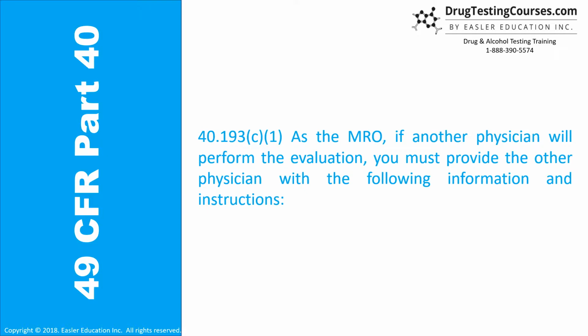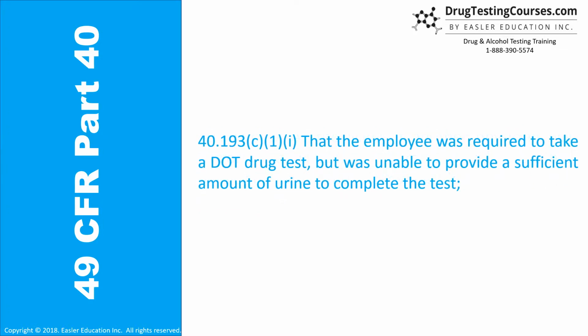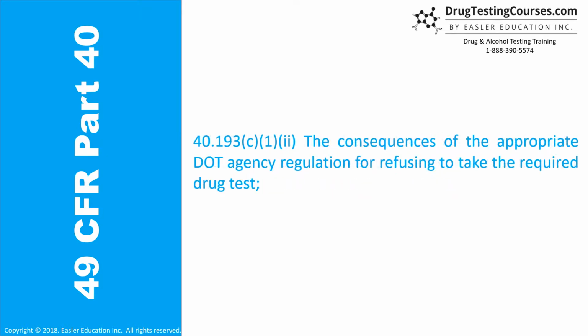40.193(c)(1). As the MRO, if another physician will perform the evaluation, you must provide the other physician with the following information and instructions. Sub 1. The employee was required to take a DOT drug test, but was unable to provide a sufficient amount of urine to complete the test. Sub 2.